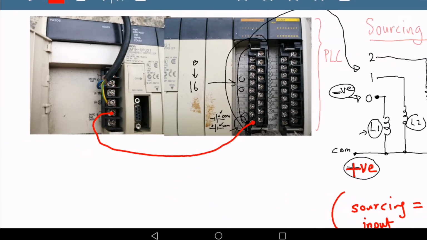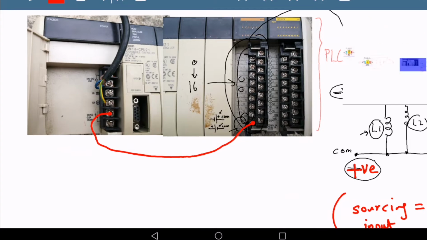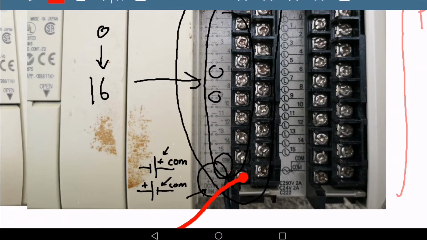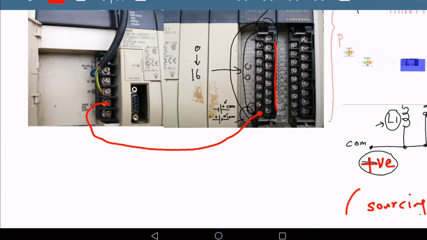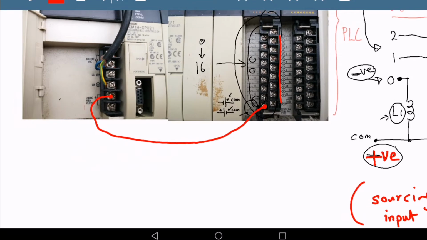Alright, so now how to energize this input? We have a lot of inputs. We have 16 input terminals. This is the important part. Now you need to know what type of sensor you have. How to energize L1? We need negative, right?